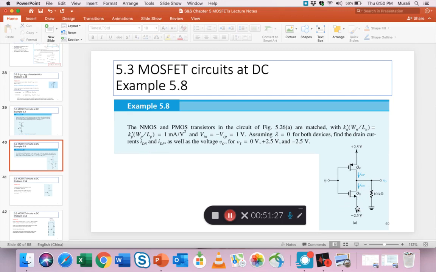That means this current in this FET and this current in this FET. This is a PMOS FET and this is an NMOS FET. Find the drain currents as well as the voltage VO, the output voltage, given the input to be 3 different values.